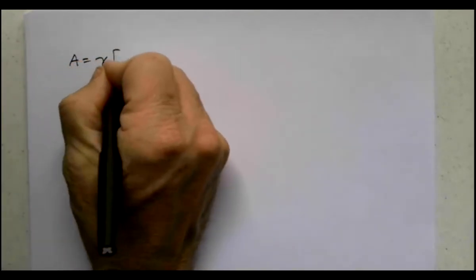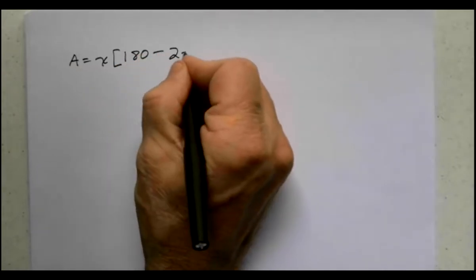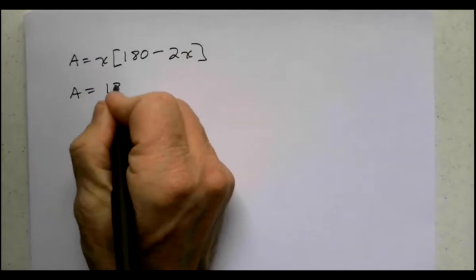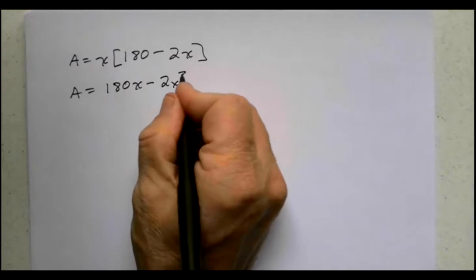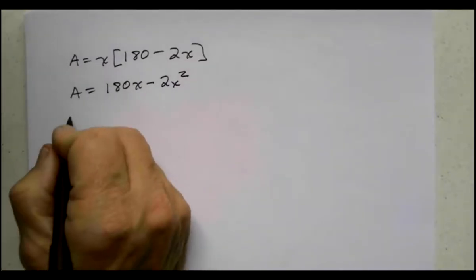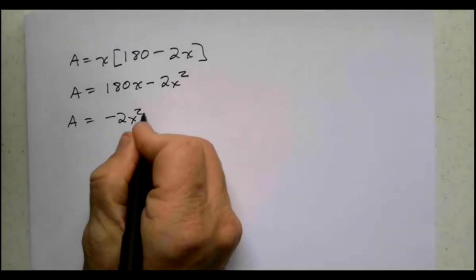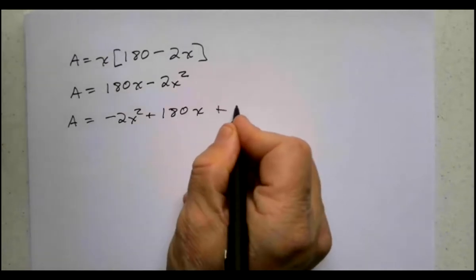Area is X times 180 minus 2X. X times 180 is 180X minus X times 2X is 2X squared. I'm going to write this in the usual form. Area is negative 2X squared plus 180X plus 0.